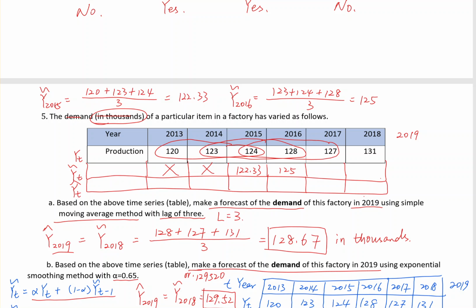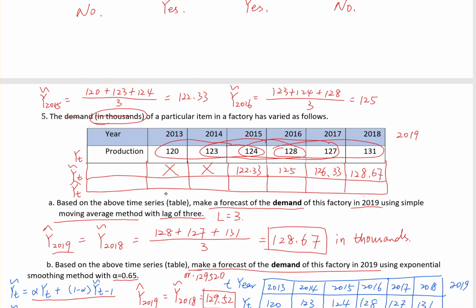If you calculate this, it will be 126.33. And then the last, you need to get the average of these three, which is 128.67. And then to get the predicted value for each year, you need to use the previous estimated value.